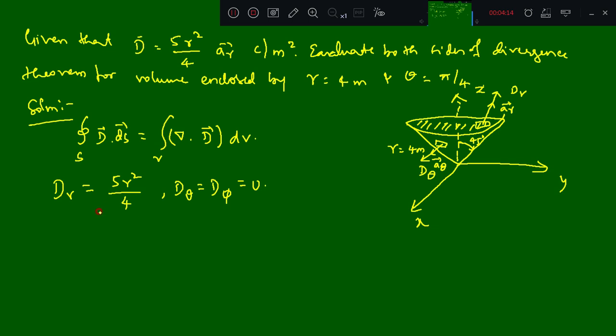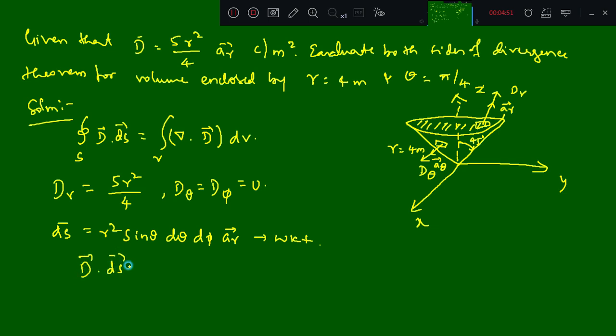So if you consider the spherical coordinate system, we know that dS normal to the aR direction is given by r square sin theta d theta d phi in the direction aR. So this we know. Okay, so what is D dot dS?